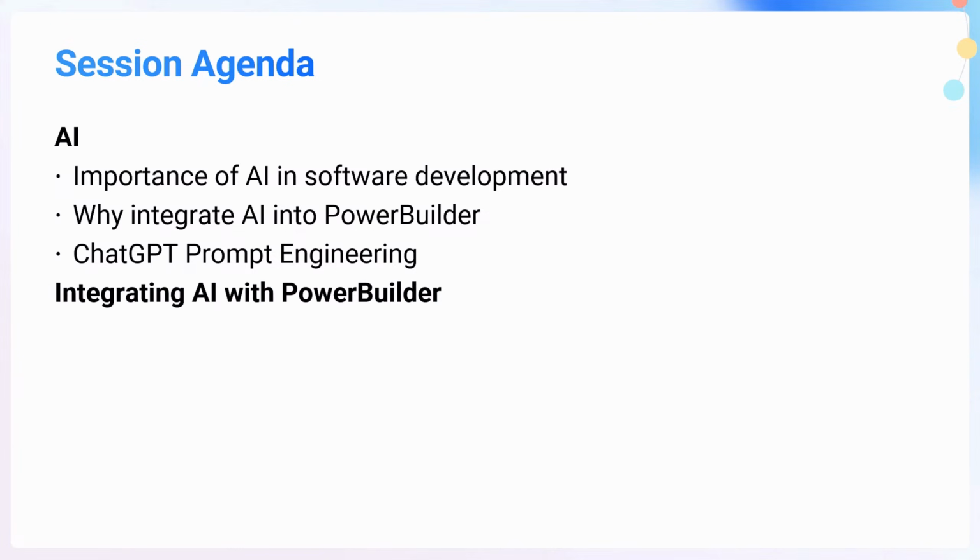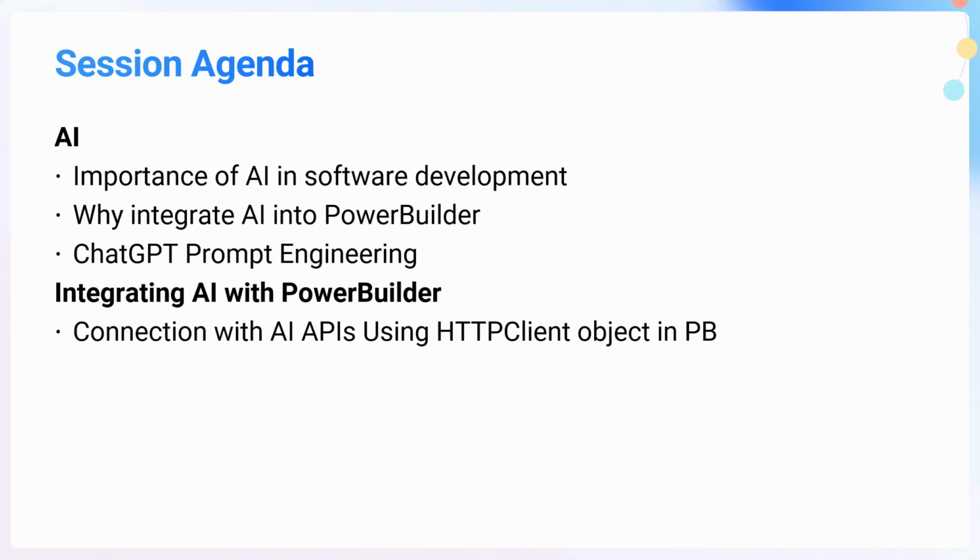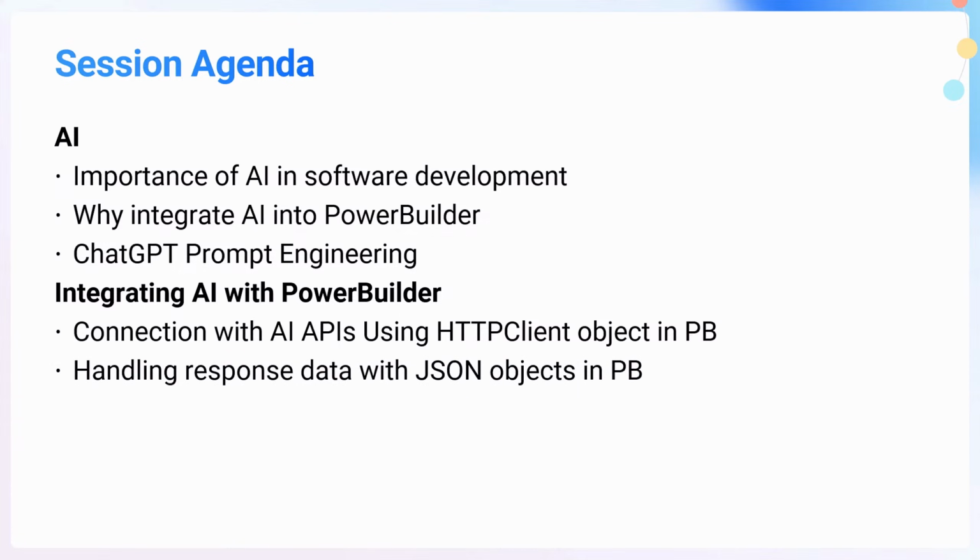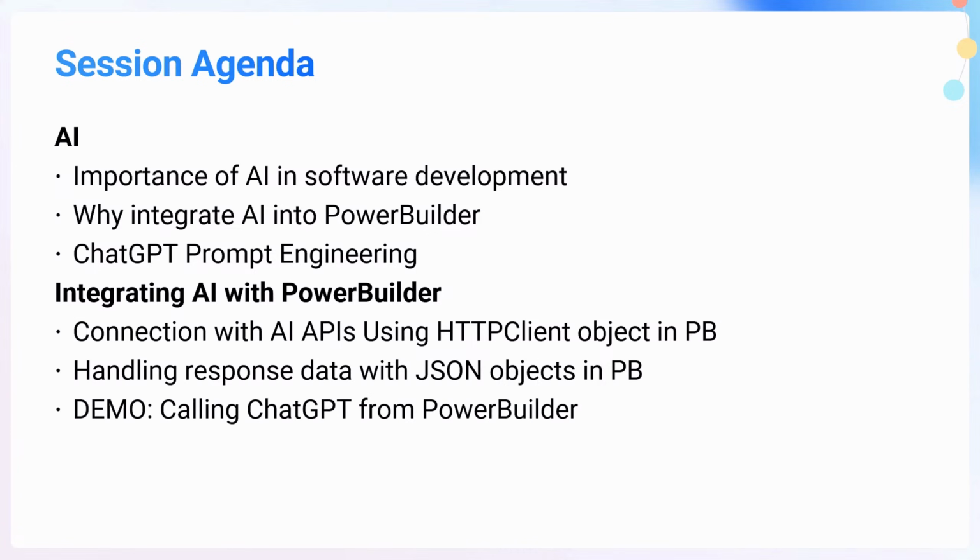In addition, regarding integrating AI with PowerBuilder, we are going to use the HTTPClient object in order to connect to ChatGPT. Also, we are going to handle responses with JSON objects. We are going to do a live demo where we are calling ChatGPT from PowerBuilder. We are going to have our conclusions and a section of questions and answers.